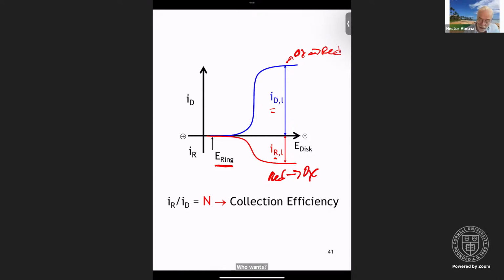Now, the ratio of the ring limiting current to the disk limiting current is called the collection efficiency. There is a theoretical collection efficiency that's dictated exclusively by the geometry of your specific electrode.